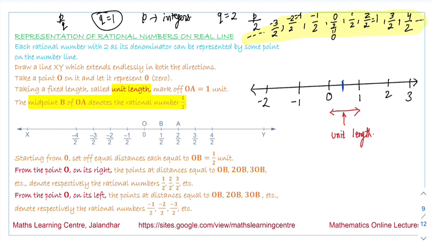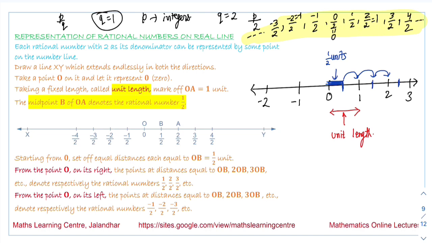So this portion is of length 1 by 2 units. Now we take this much length and we mark another point over here. Then at the same length, we mark another point over here. Next we mark at a distance of 1 by 2 units.